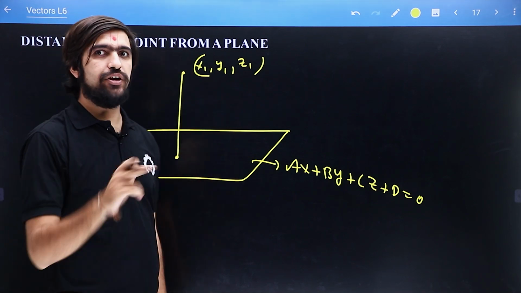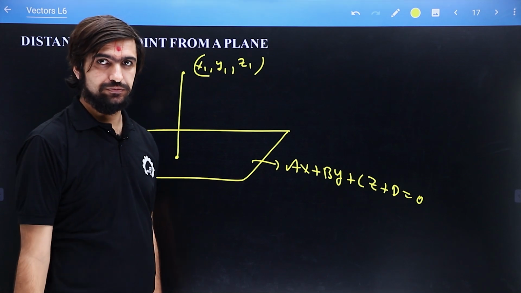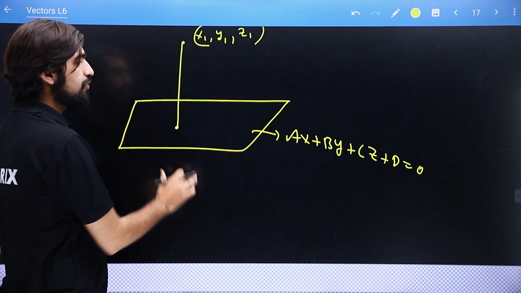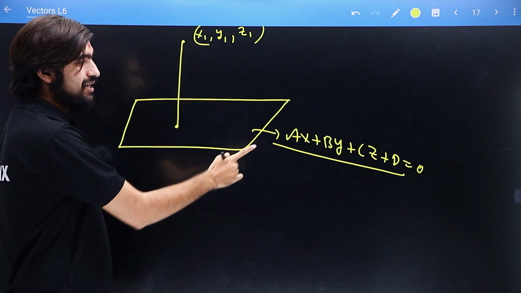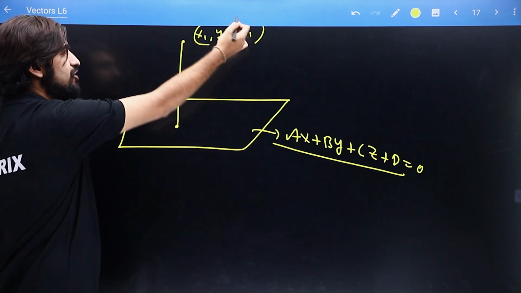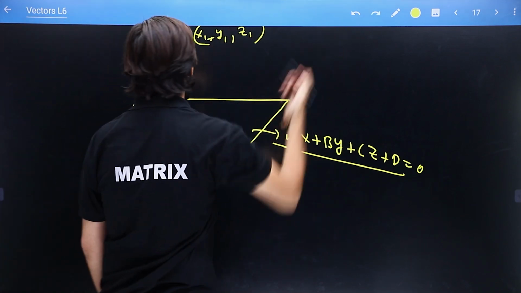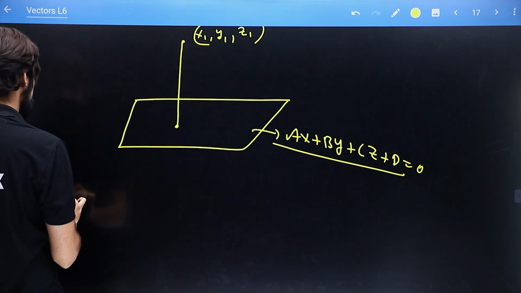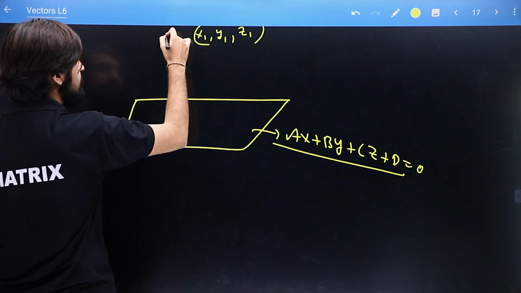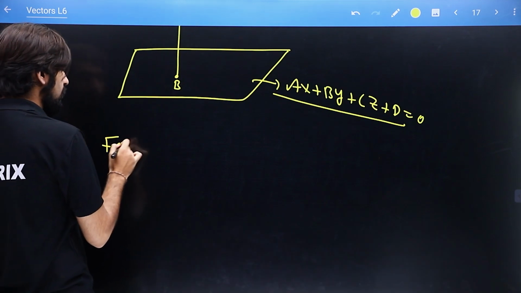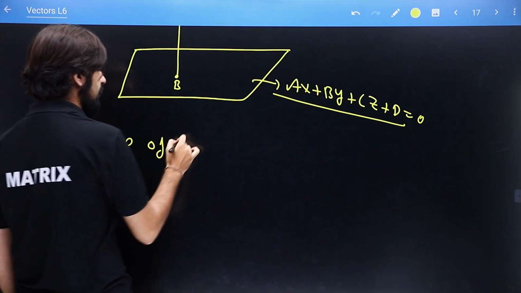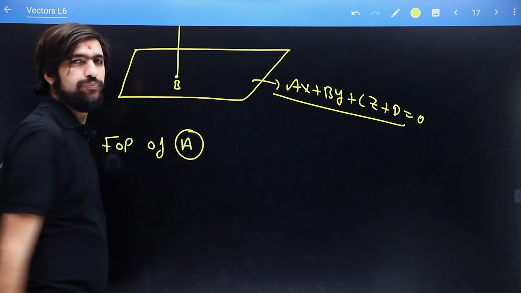Now, I have already told you the process of what you can do. This is your plane. A, B, C and D are known. This is your point x1, y1, z1, which is known. So what you can do, method 1: let's say this is point A, this is your B. You can find the foot of perpendicular of A. And this is useful, why?